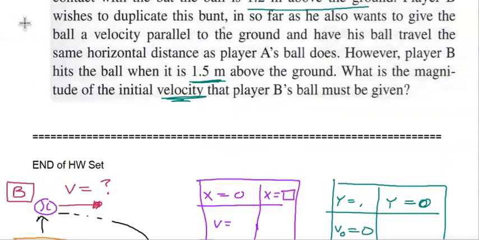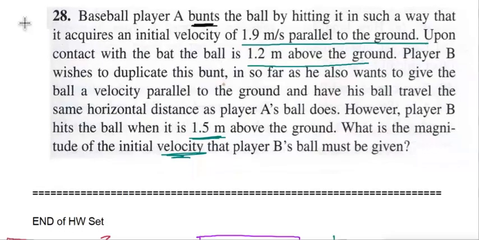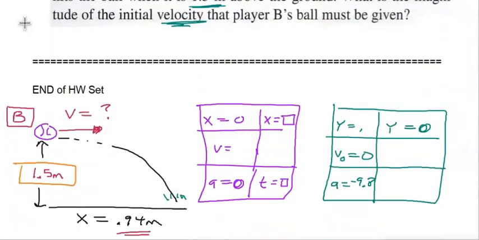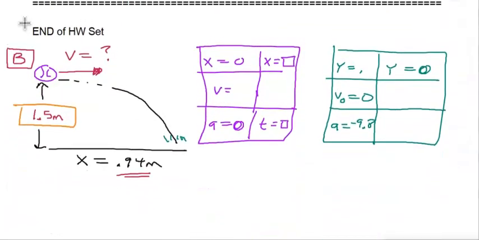So if you remember, baseball player A was hitting it at 1.9 meters per second. Okay, so what do we know more about? I think the vertical again, right? So y naught is now 1.5, still hits the ground, still launched flat out horizontally, still on Earth.